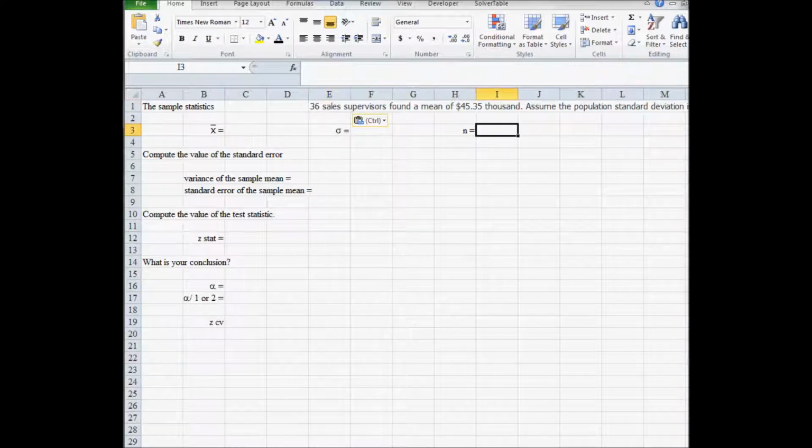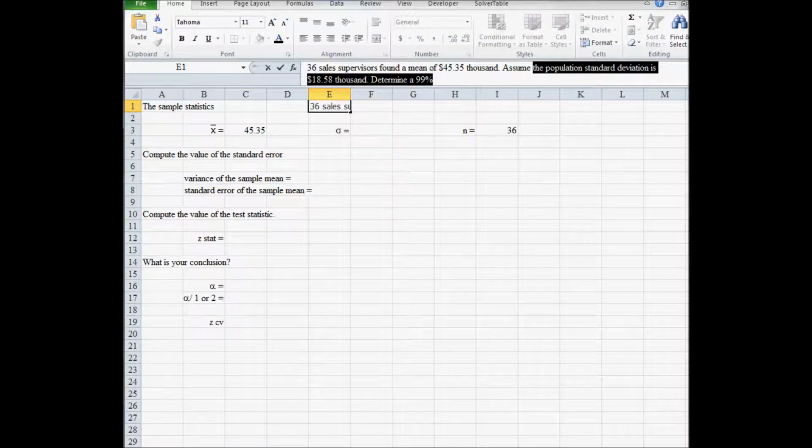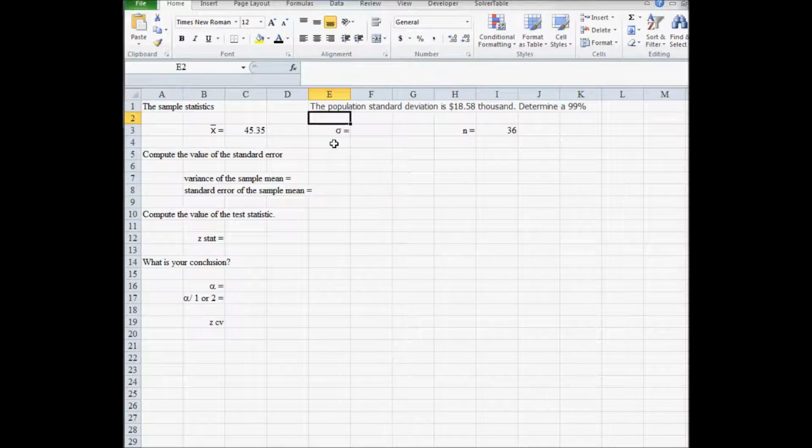Okay, so the sample size is 36. The sample mean is 45.35. The population standard deviation is 1858.